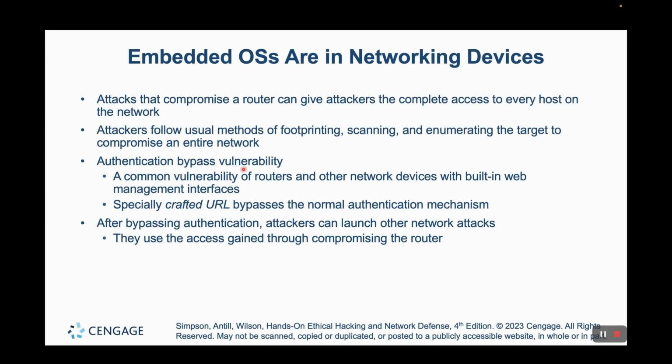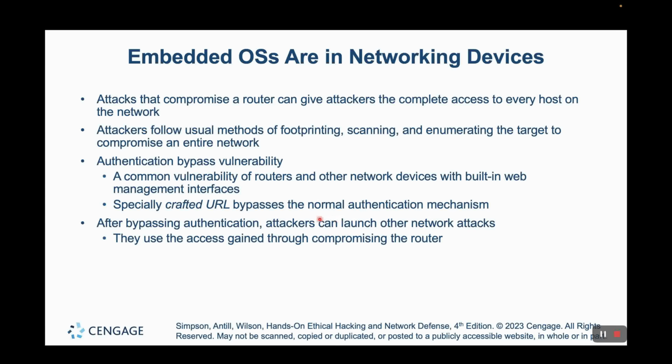Now, authentication bypass vulnerability is very common when it comes to routers and other network devices, especially with built-in web management interfaces. I mean, you could search online for examples of this. You will see this includes not only routers, but even printers that have a built-in web management interface. An example is trying to create or design a crafted URL to bypass the normal authentication mechanism.